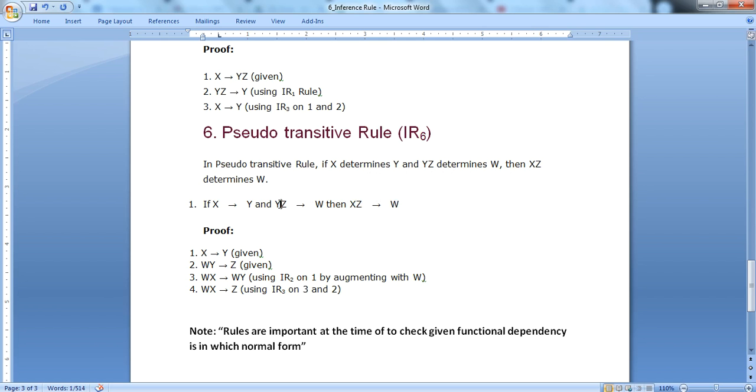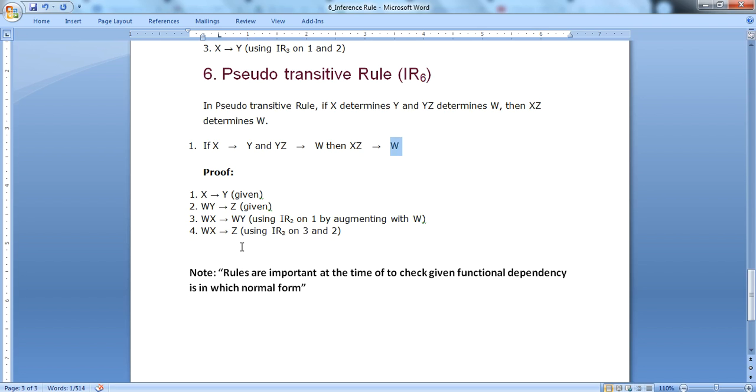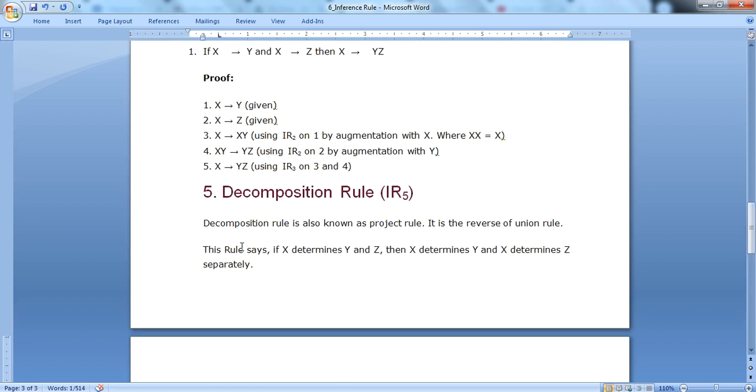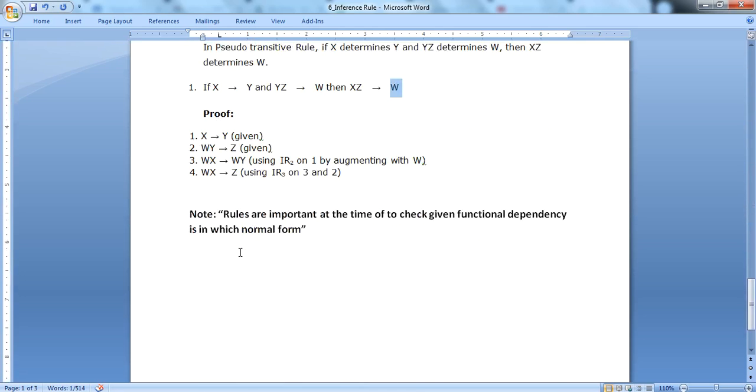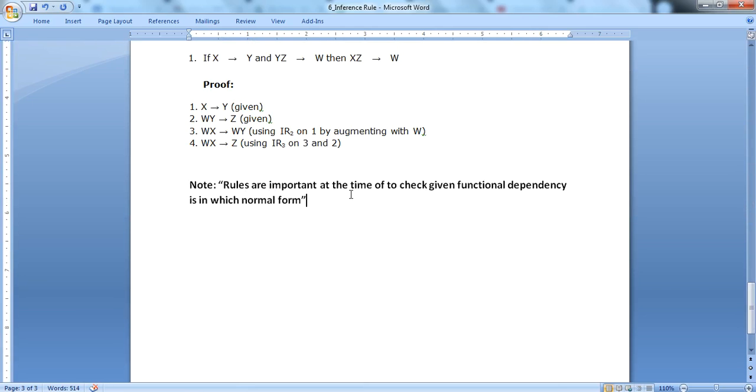How is it possible? Because it replaces Y with X. So XZ determines W. Now these are the inference rules which are used with functional dependencies, and these rules are important when checking in which normal form a given functional dependency holds. An exam may contain a question on a given relation or functional dependency, asking you to find out in which normal form the particular relation is: 1NF, 2NF, 3NF or BCNF.